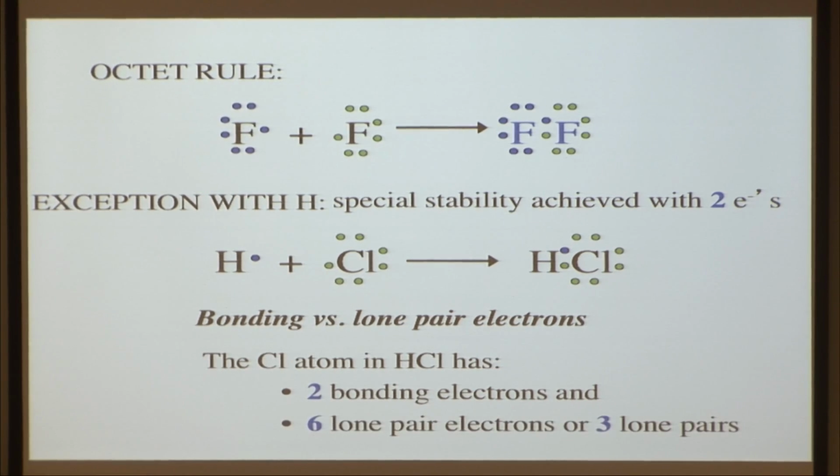And it's also going to have 6 lone pair electrons, or we could say 3 lone pairs. When we say a lone pair, that indicates 2 electrons. So it has 1, 2, 3, 4, 5, 6, or 1 pair, 2 pairs, 3 pairs.